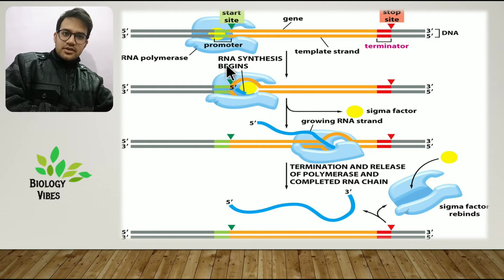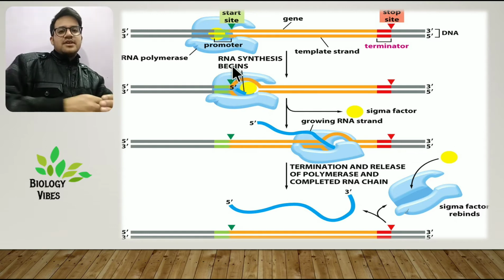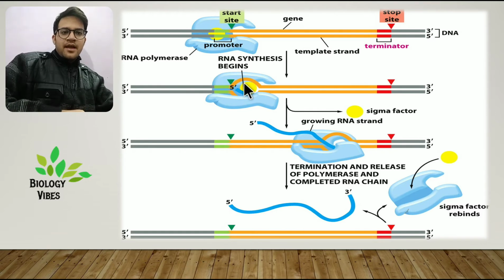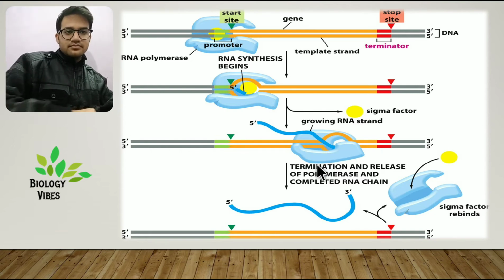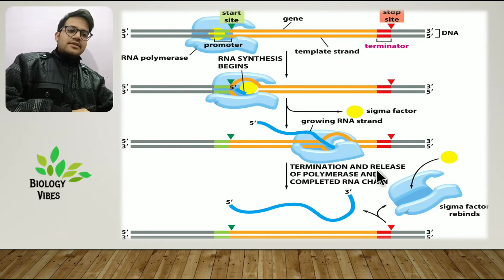The bonds will start breaking, meaning the hydrogen bonds will break, and in the elongation phase the sigma factor will be released and the mRNA will be synthesized, keeping this lower part as a template, adding complementary sequences. And then it reaches the terminator site.